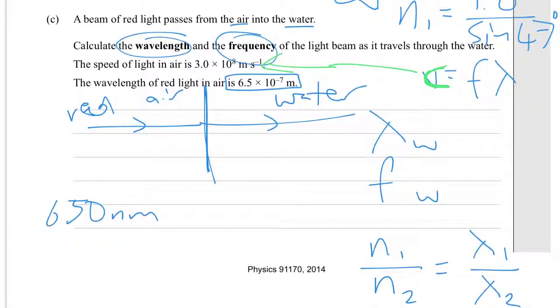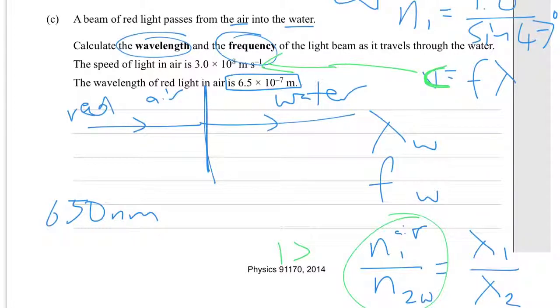Now, just got to mentally check, is this right? Let's just check it by doing it this way. If this was air and water, then the left-hand side would be approximately equal to, refractive index of air has got to be lower than water, so it'll be less than 1.